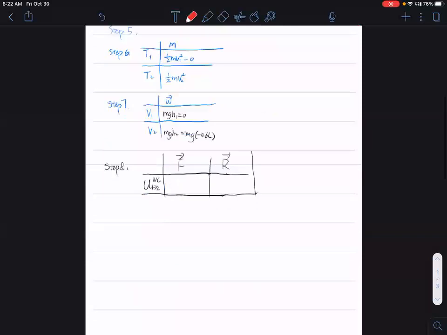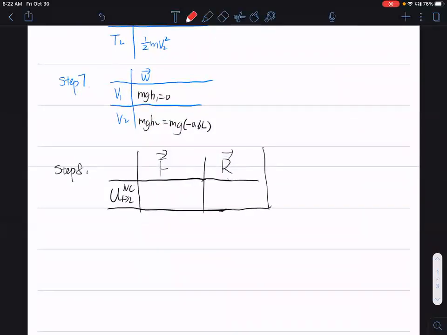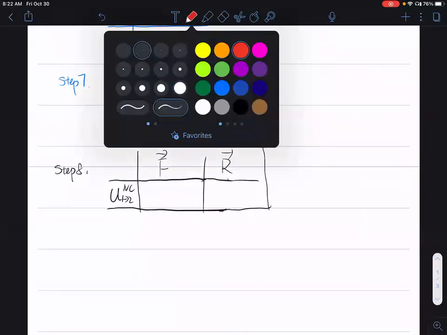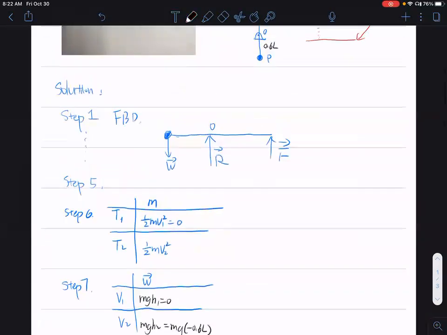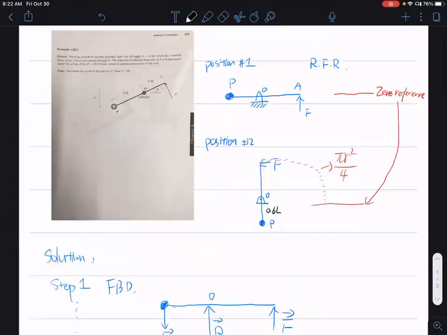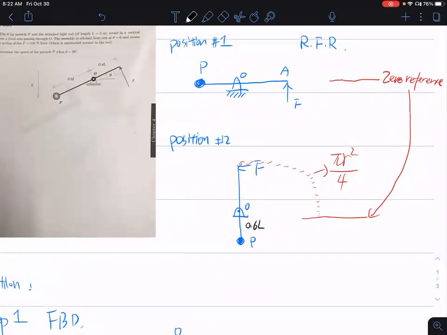Okay, so that should be the work done from that force. F times pi r squared divided by 4. Here, substitute our r. What is our r here? Because the radius is 0.4 L. Isn't that an area, not a length?